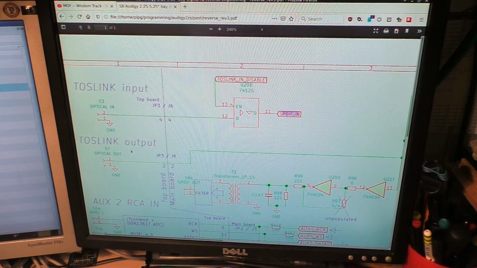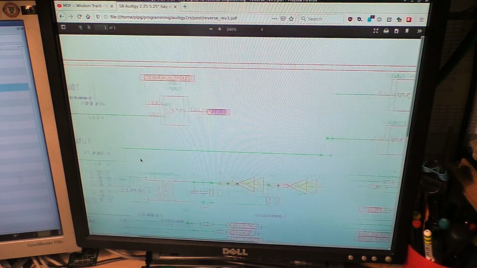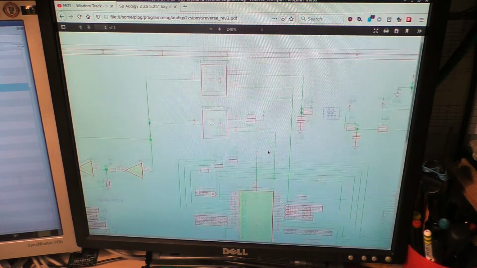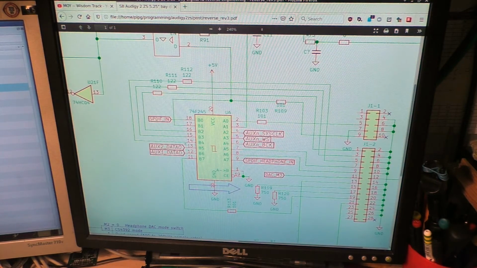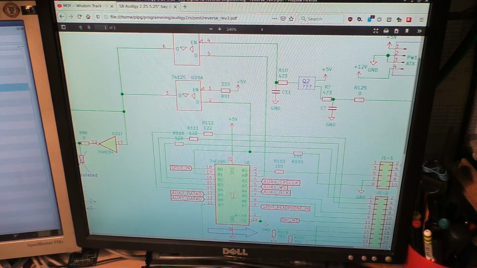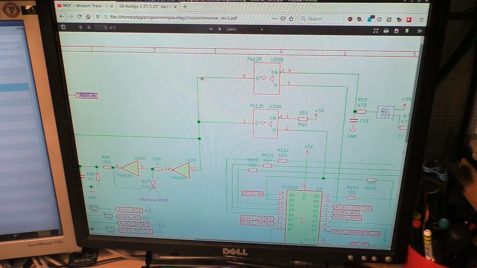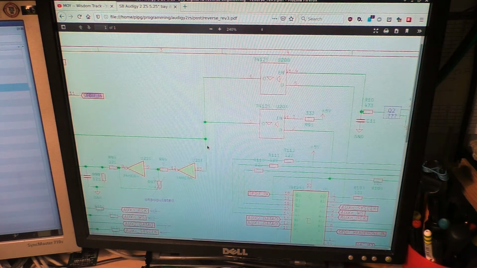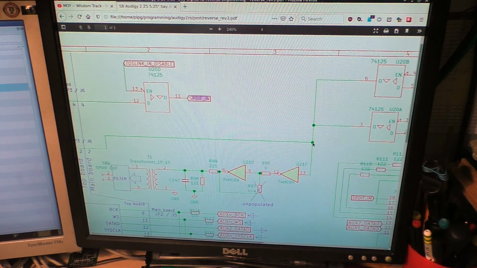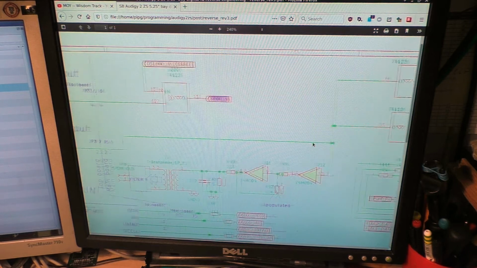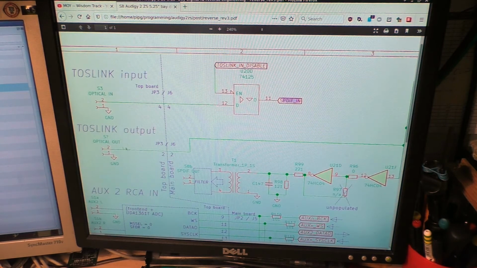Now let's focus on the TOSLINK and SPDIF output, which is generally simpler. Again, this signal enters the pin header over here and then forks out through these two buffers. So this is the SPDIF output from the sound card. And as you can see, it splits over here too. One of the paths goes directly to the optical output.